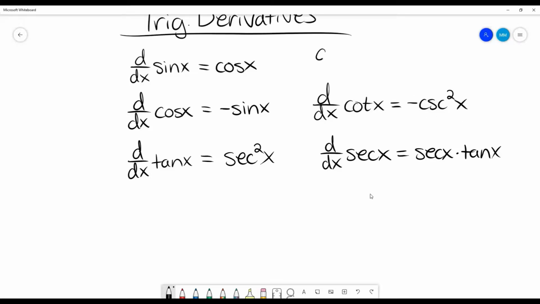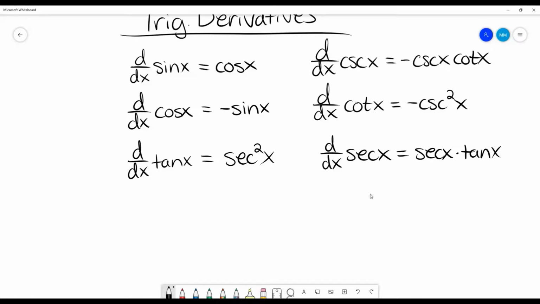And then finally, the derivative of cosecant is going to be a negative cosecant cotangent. Again, just like secant becomes secant tangent, cosecant becomes a negative cosecant cotangent. I don't know if that helps anybody, but that personally helps me trying to remember them because it's a little bit of a pattern there.